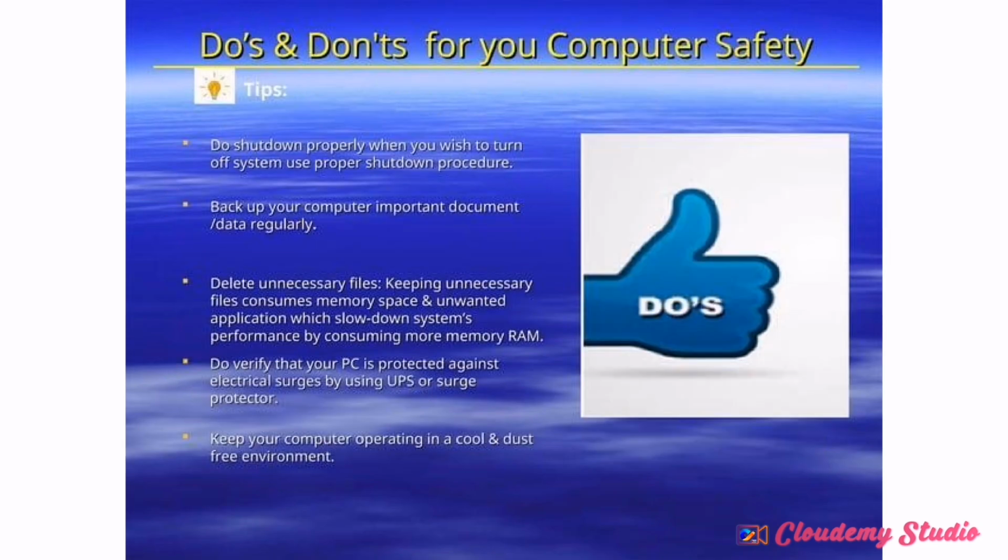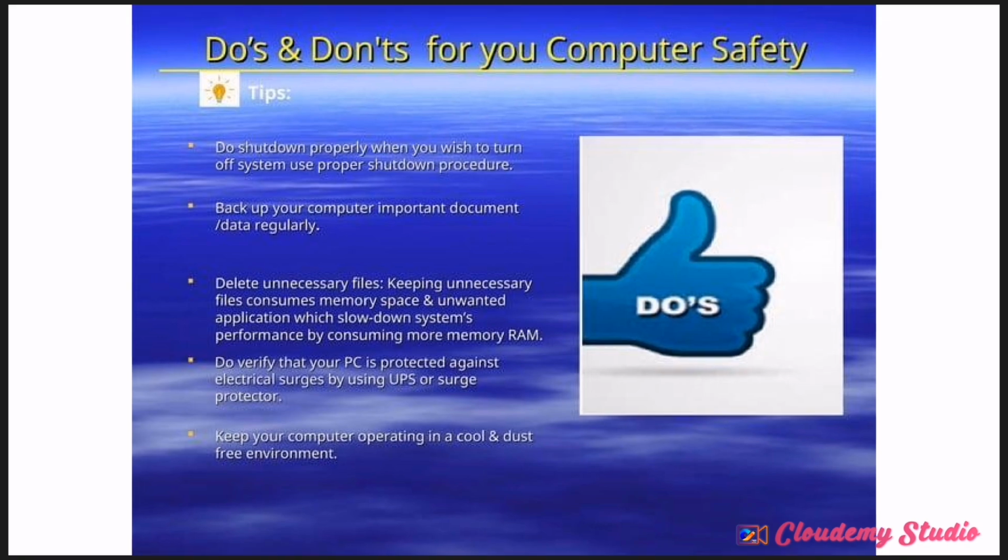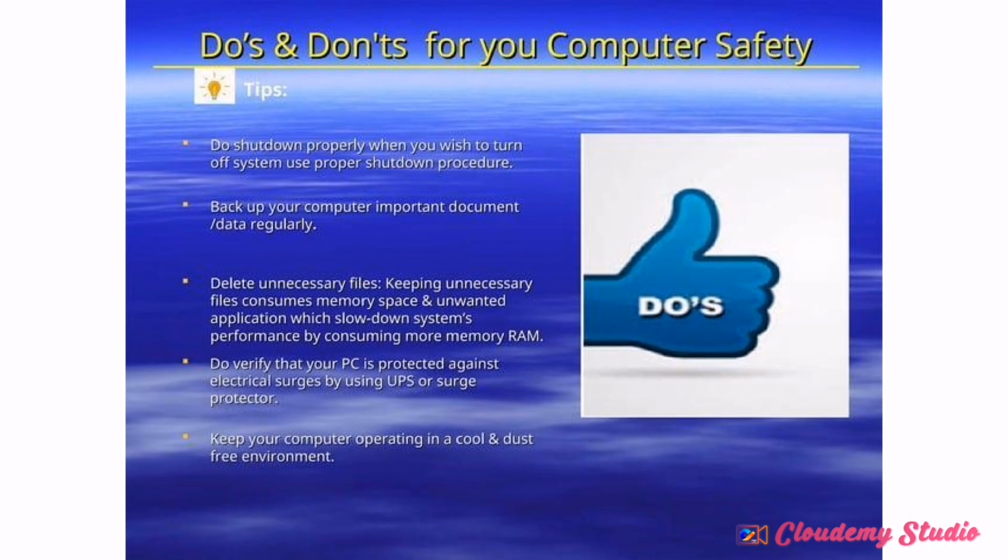Let's proceed. So, do's and don'ts for your computer safety. These are the things that you can do and the things that you cannot do for your personal computer safety. Okay? So number one here, I'll start with the tips.